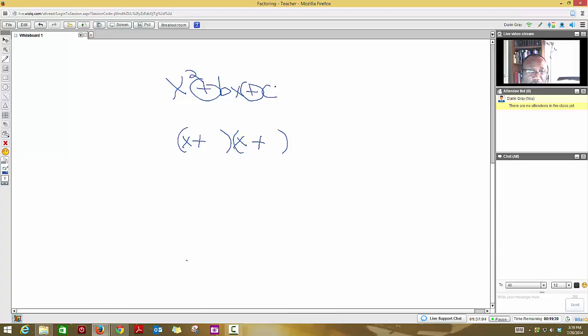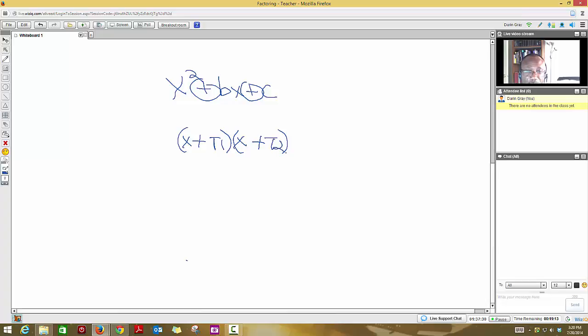And here's the thing about our last term. Our middle term has to be the addition of these two terms, and our last term is the multiplication. So we're going to call these term 1 and term 2.